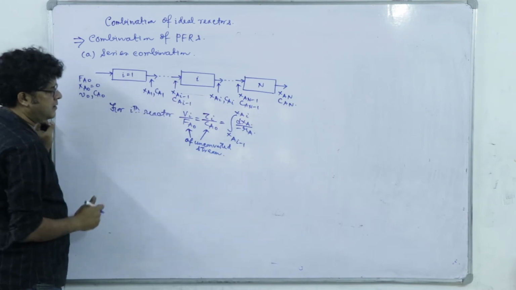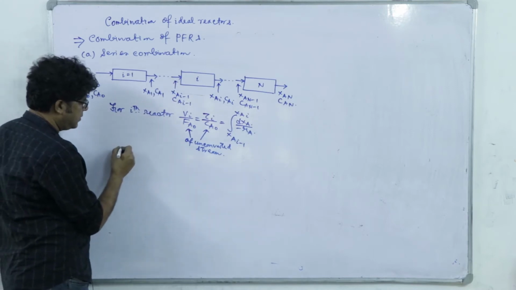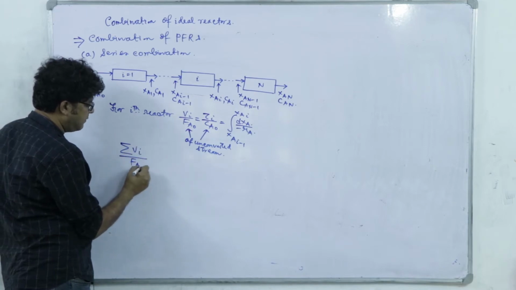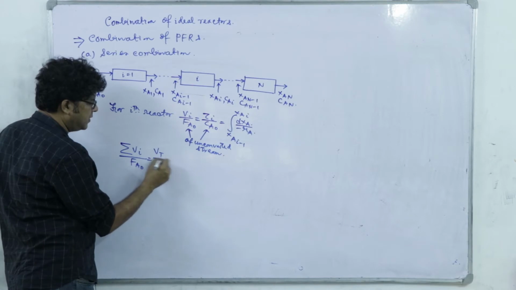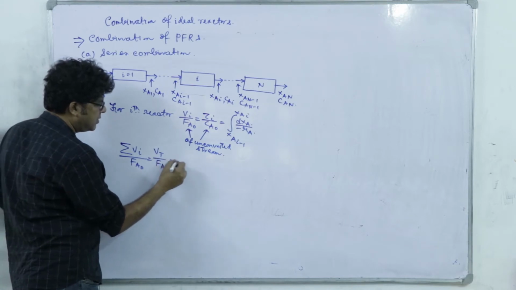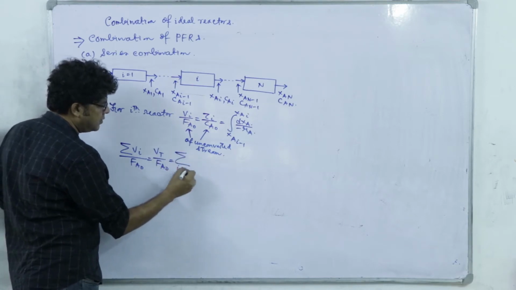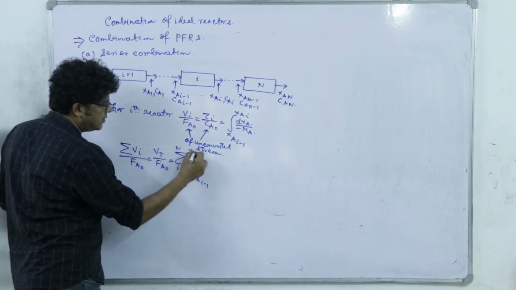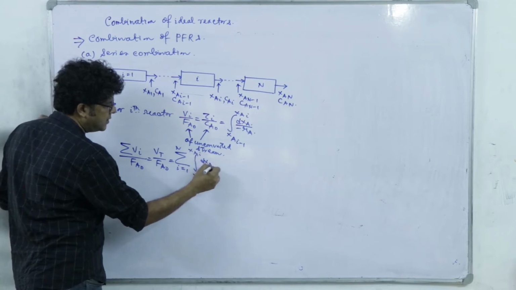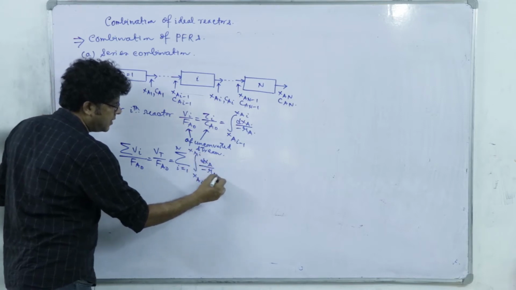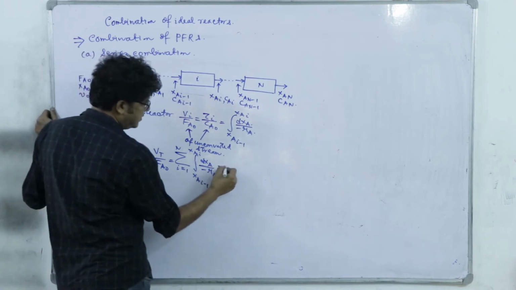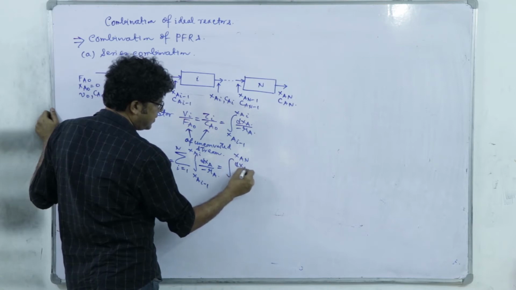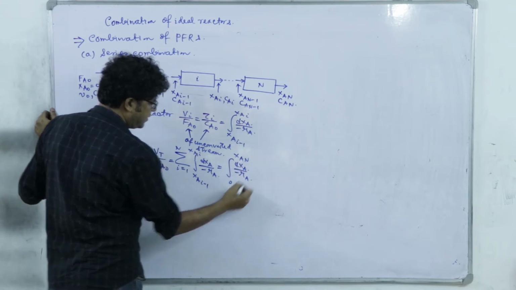Now, for n reactors, if you go on adding, I will get summation of Vi by Fa naught, which is V total by Fa naught, equal to summation i equal to 1 to n, Xai minus 1 to Xai dxa by minus Ra, and this will eventually give 0 to Xan dxa by minus Ra.